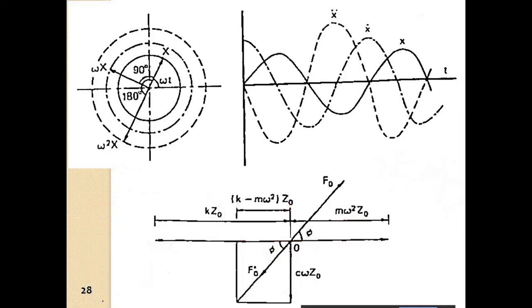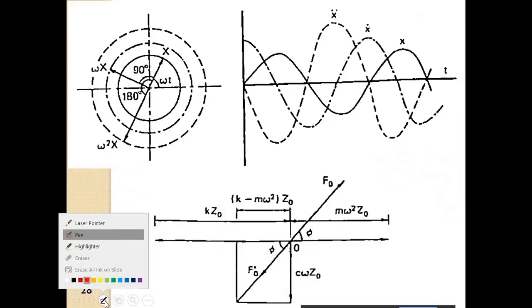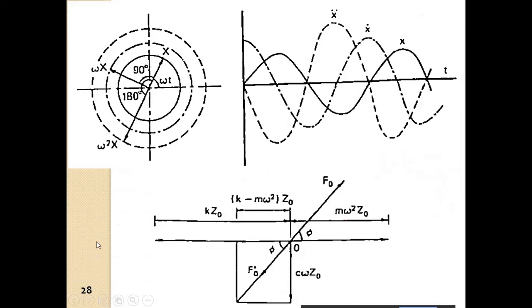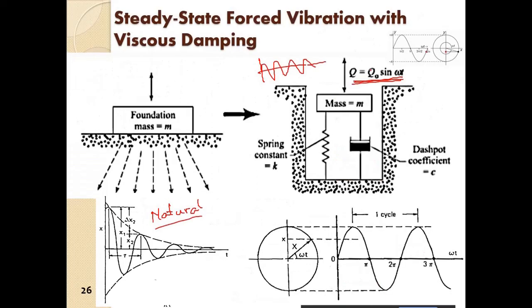Okay, so the applied force F naught, or Q, whatever you see. In this case it is Q naught, that is the maximum magnitude of this vibrating force.